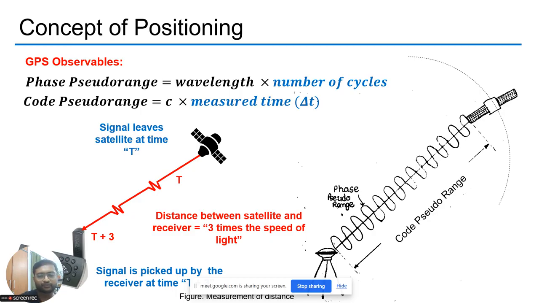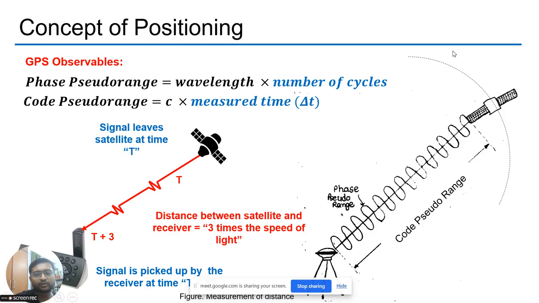And here you can see there are two kinds of observable, phase and code. In phase, what will we do? The signals are coming like this, and we calculate how many cycles of the signal came. Let's say if it is 50 cycles, then we multiply 50 by the wavelength of that particular signal, and we get how much distance it has covered.